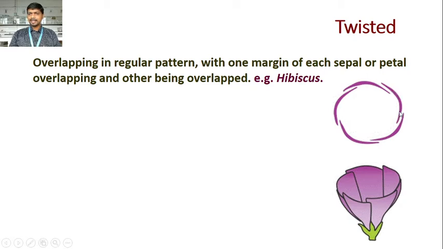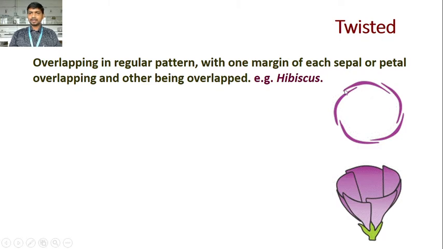Same is the case here. The other margin of this adjacent sepal has been overlapped by the other sepal or petal, so it gets overlapped, and this is overlapping the adjacent sepal or petal. This type of continuous overlapping is seen.